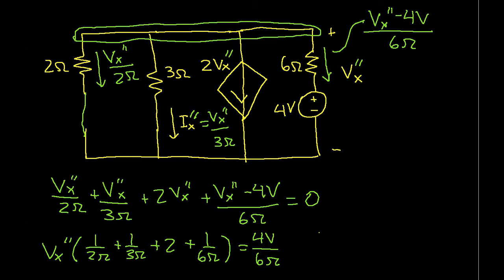And with this then we can solve for Vx double prime. And if I've done this correctly, Vx double prime should be 2/9 volts.